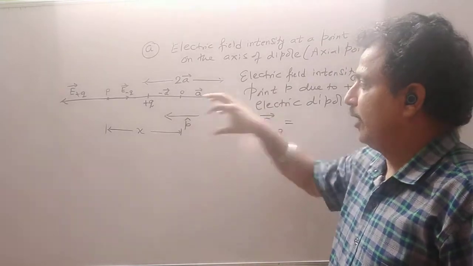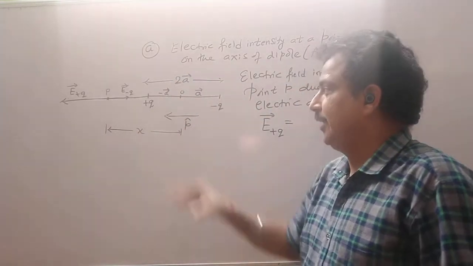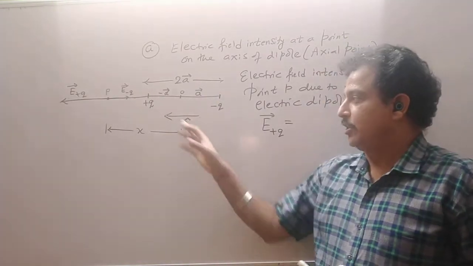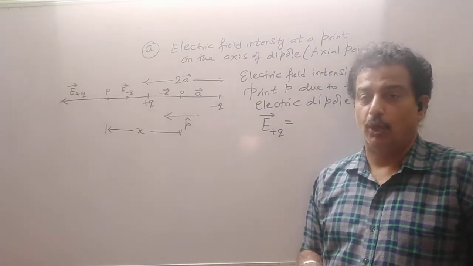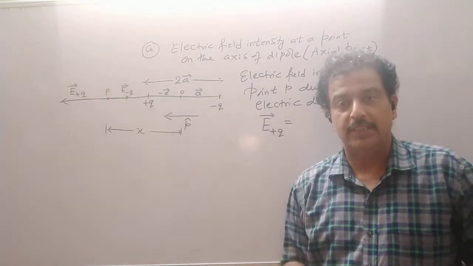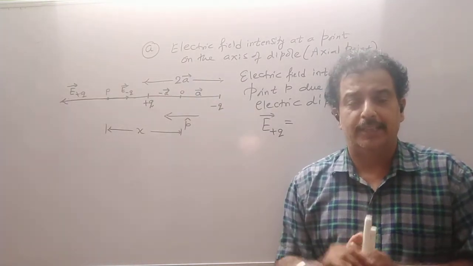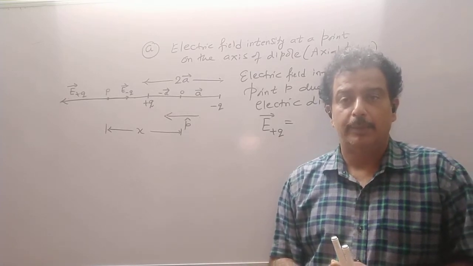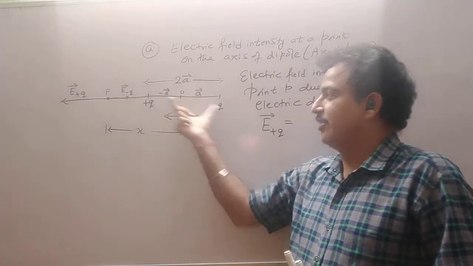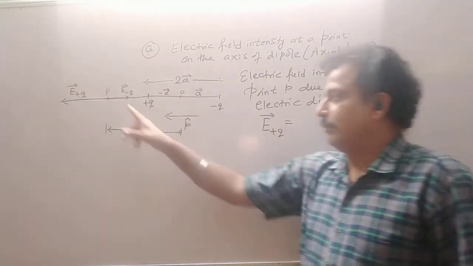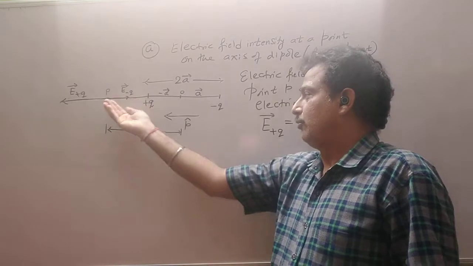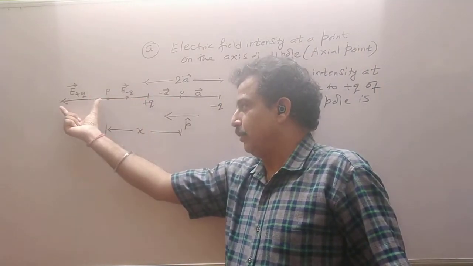But to understand this topic, we are drawing this distance very large, and enlarging the diagram. Now I kept a plus q charge here, so this plus will repel it. When I keep a test charge here, it will be attracted. You see the length, the repulsion will be more.